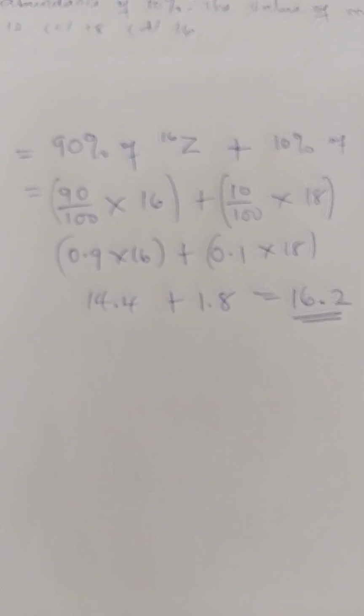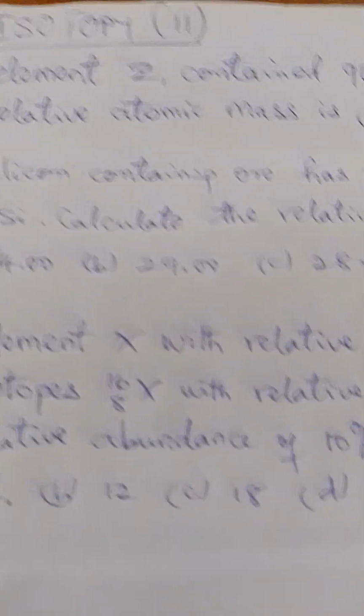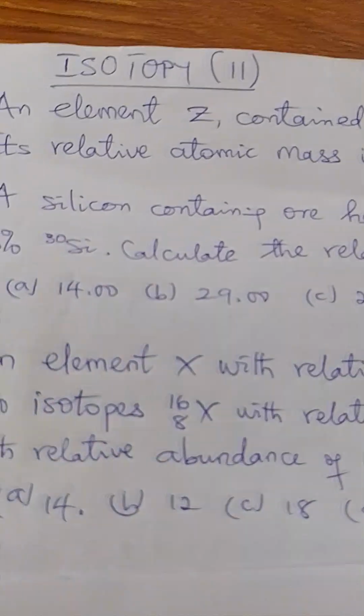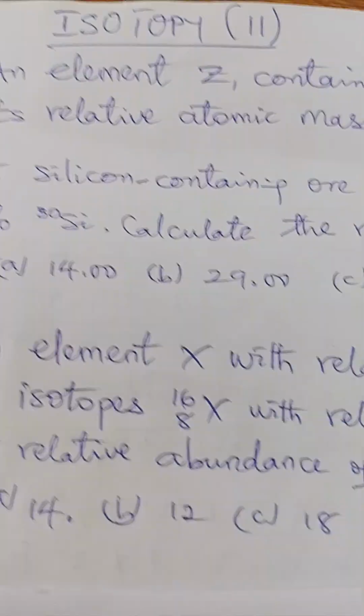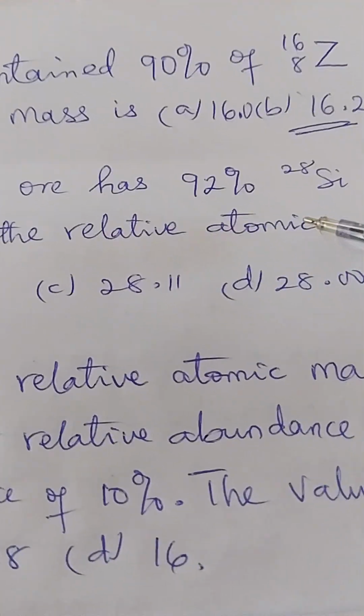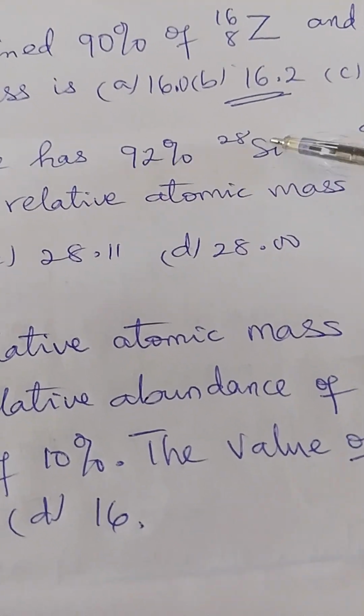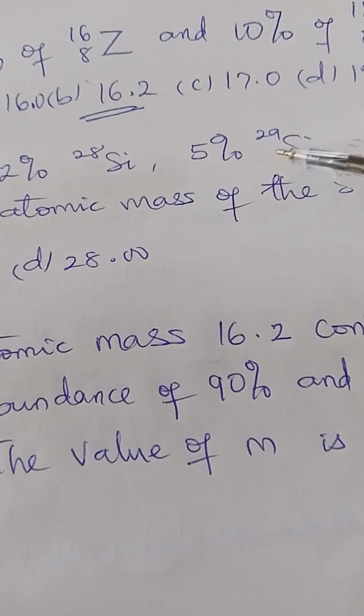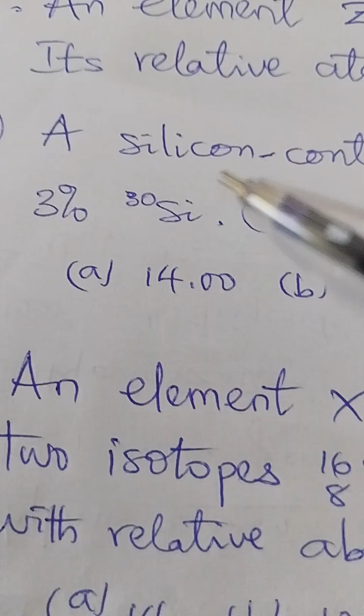Let's quickly go to question 2 to save time. Question 2 says a silicon containing ore, there should be an apostrophe here or dash or whatever, has 92% of silicon 28, 5% of silicon 29, and 3% of silicon 30.